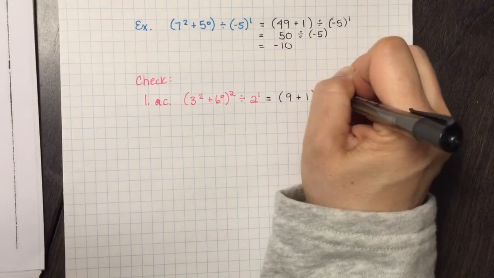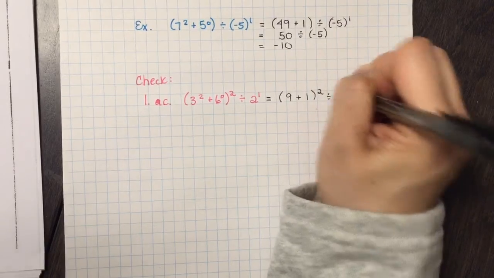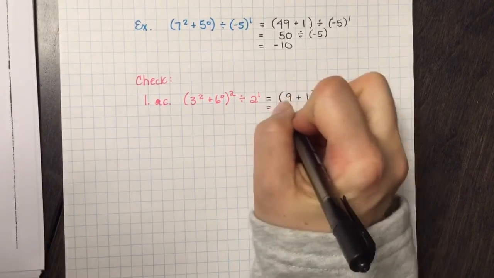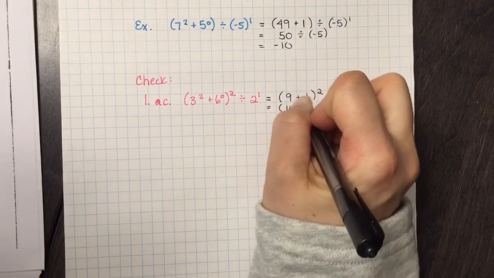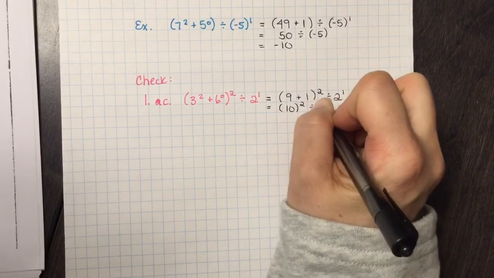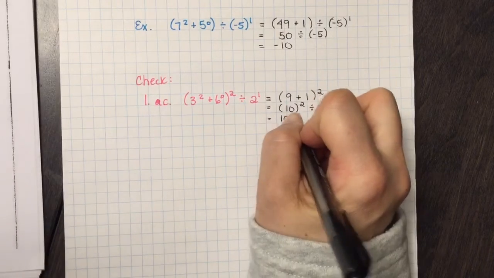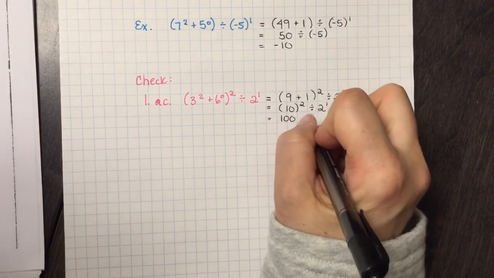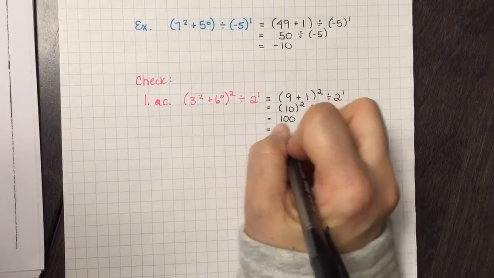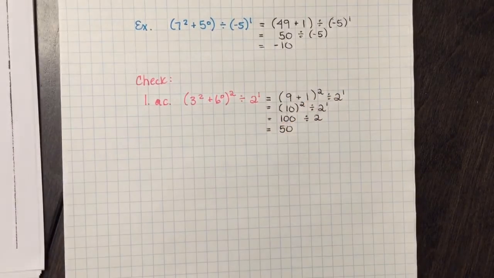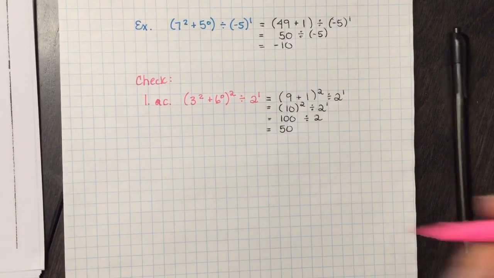And that's all squared divided by 2 to the 1. What's inside the brackets? That's 10 squared divided by 2 to the 1. 10 squared is 100. 2 to the 1 is 2. Answer is 50. Okay, right on.